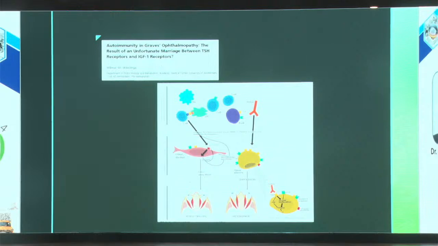The TSH receptor resides very close to the IGF-1 receptor in the orbital fibroblasts and also in the dermal tissues. When the autoimmune process affects the TSH receptor antibody, it has a crosstalk with the IGF-1 receptor, and this causes excess fibrosis, excess glycosaminoglycan deposition, and other issues that come along with it.